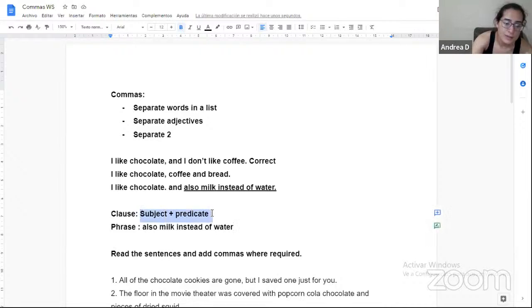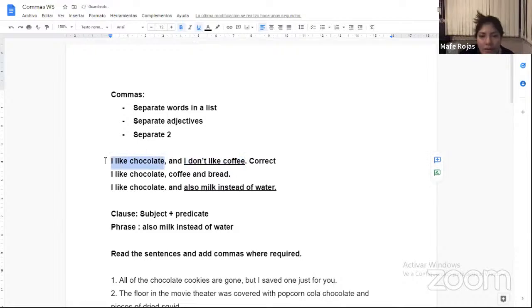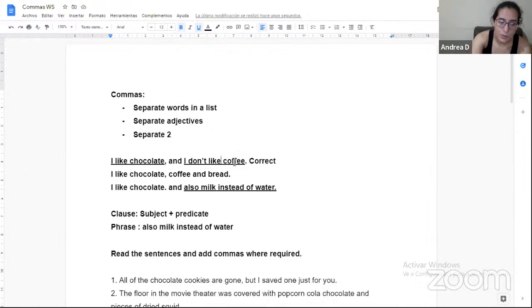That's just a phrase. A clause needs to have a subject and a predicate, like this one, I don't like coffee, that's a clause. Or I like chocolate. That's why we separate with a comma, because there are two independent clauses with two subjects and two verbs. Exactly, you use a comma.